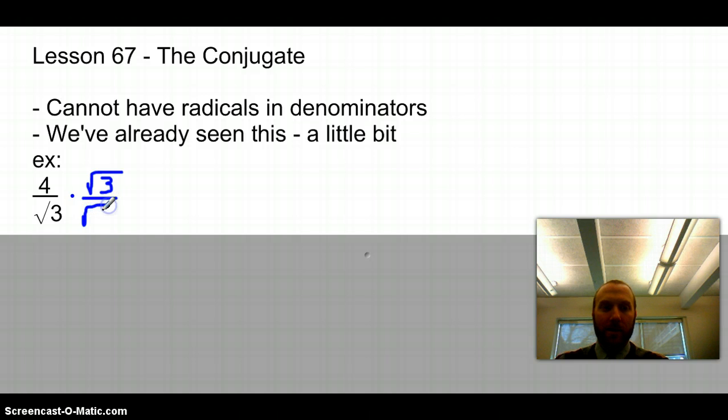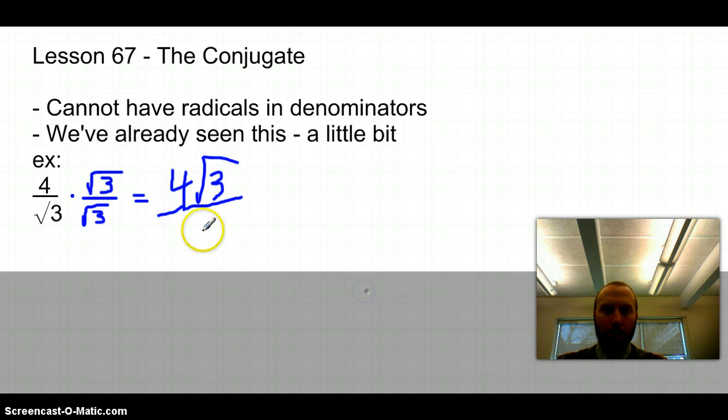That's called rationalizing the denominator. Rationalizing the denominator is a pretty simple process. I just multiply numerator by numerator, get 4 root 3 over 3. Not a big deal. We've done that. Great.